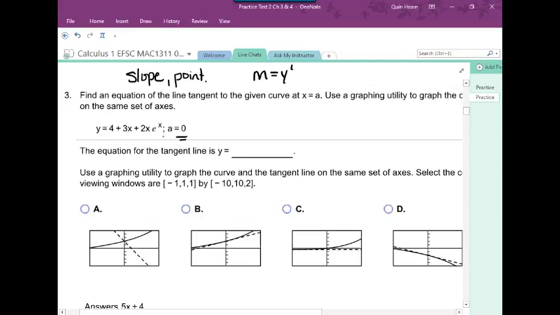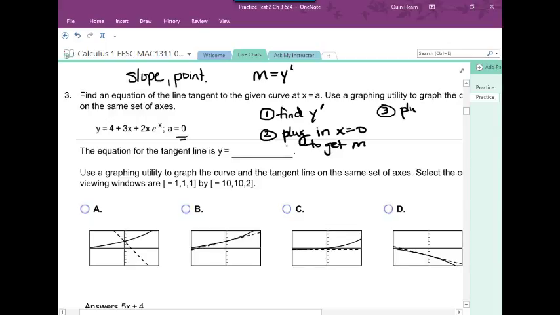So we're going to have to do several things. First, we're going to have to find y prime. Then we're going to plug in 0 to get the slope. And thirdly, we're going to have to find the y value at 0.